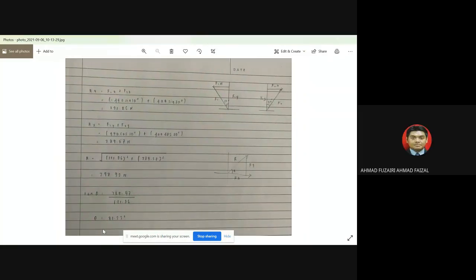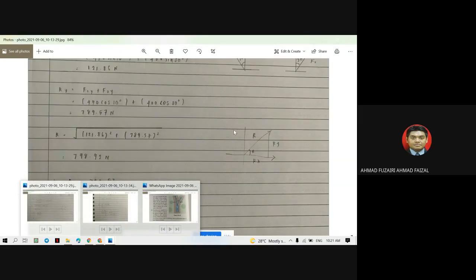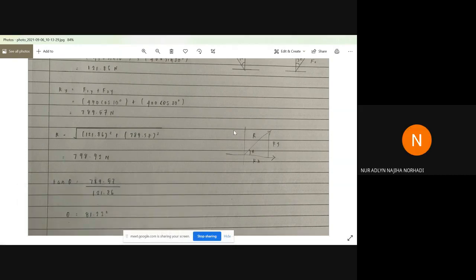Lepas tu dia punya degree, saya dapat 81.22.